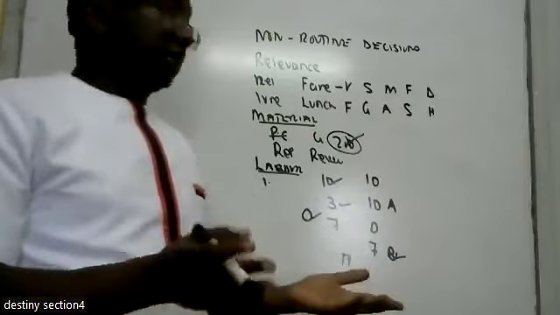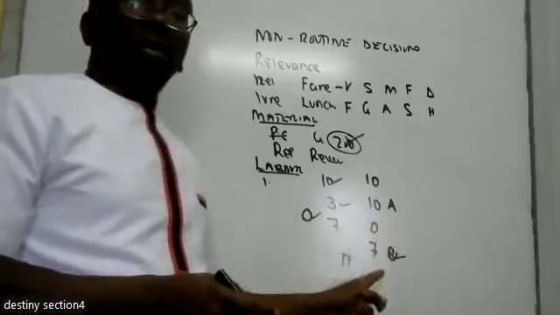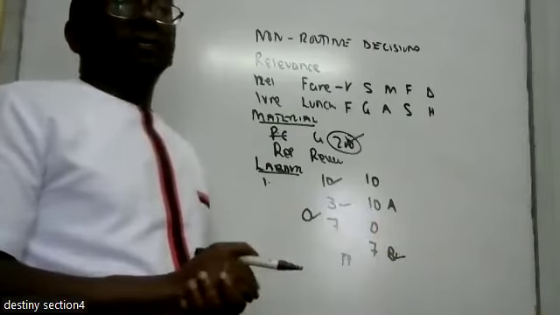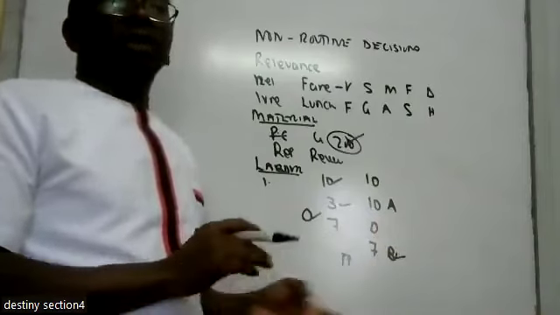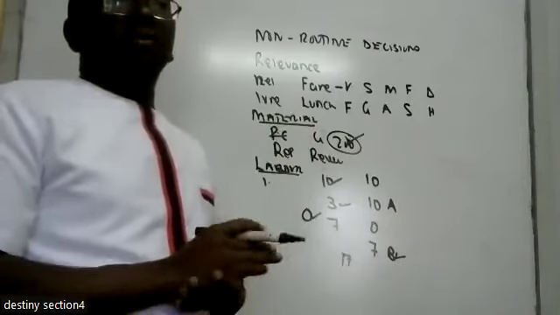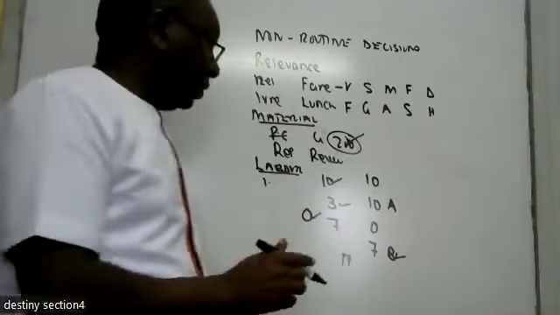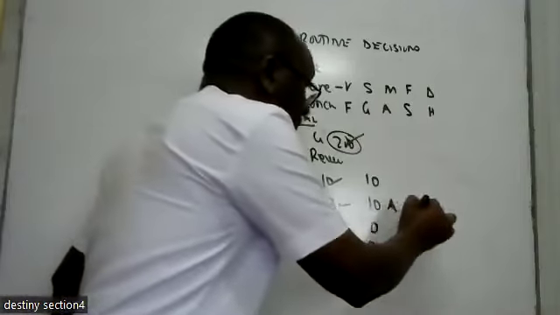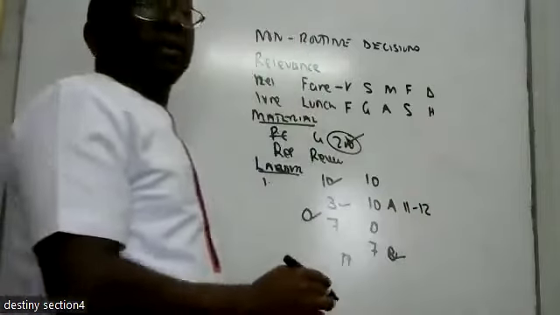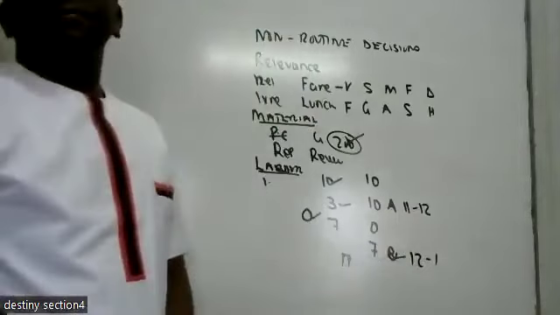Now assume again, class yetu imejaa, hakuna idle capacity na hawa wanafunzi 7 wanataka kuingia. Na hatuna room kubwa ya kuchukua 17 students. Na tukienda huko nje kutafuta mwalimu mgeni hatupati. So what happens? Kimani from 11 to 12 funza class A. Kibia from 12 to 1 funza class B. That's what will happen.